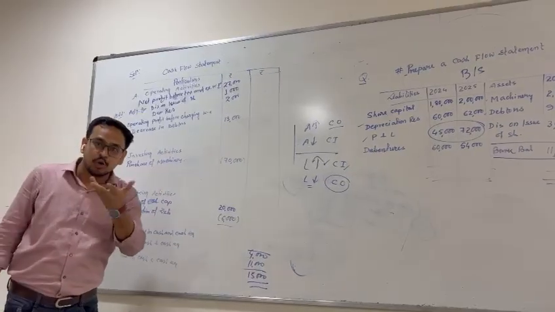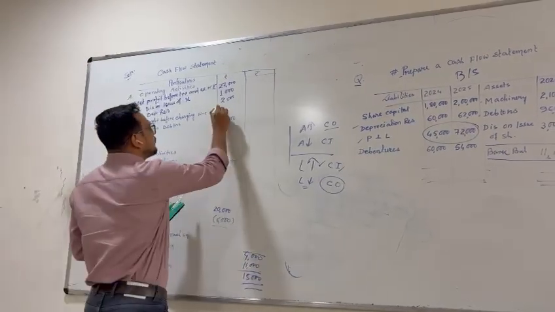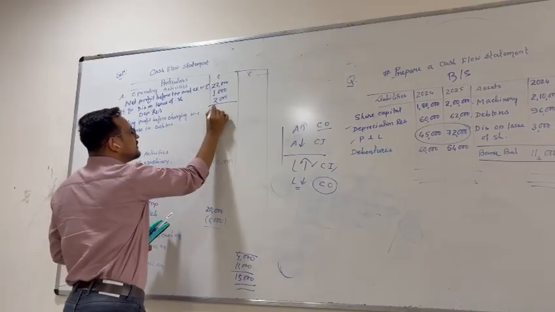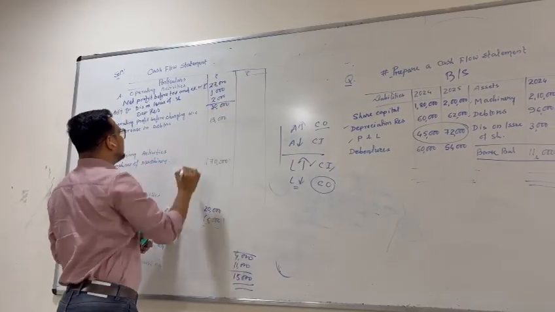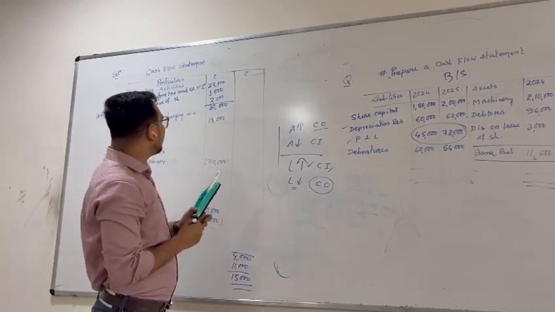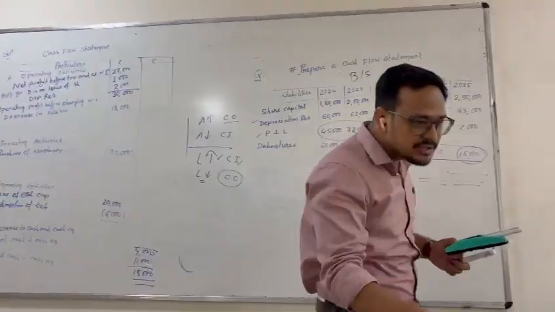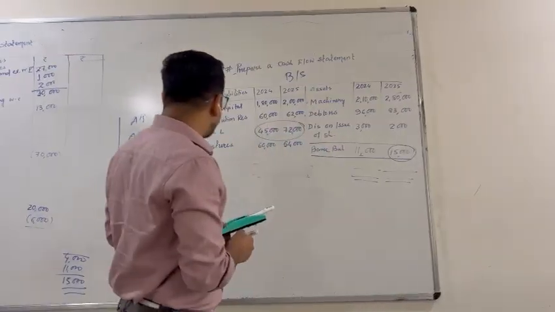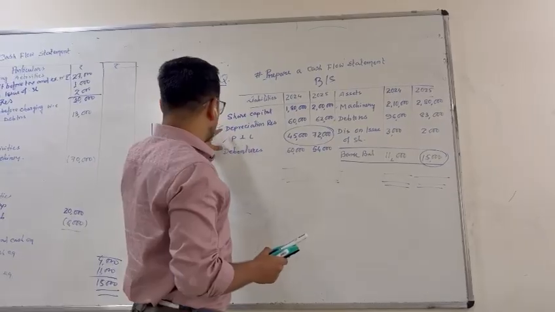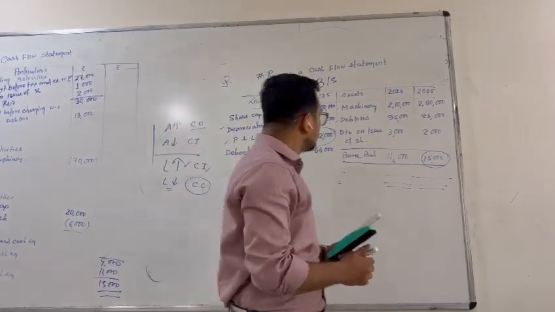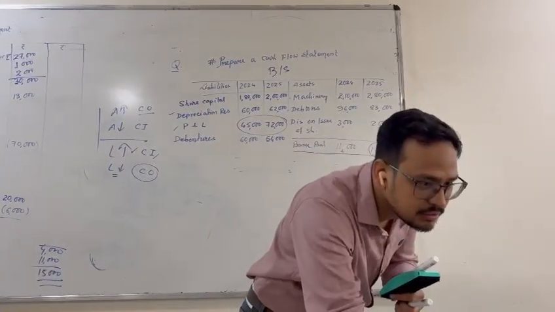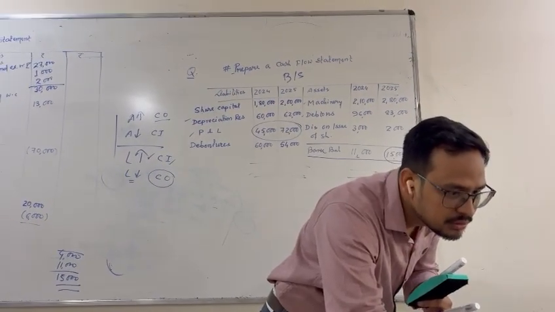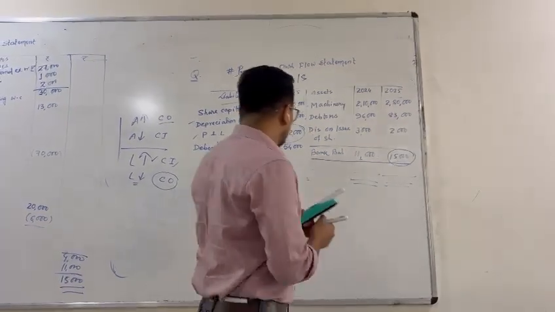Okay, let's see. 4,000 change due to these three activities. Is it true or not? Let's check. So 27 plus 1 plus 2, it means 30,000. Okay, 30,000. Acha, is there anything left? Creditors, anything? Stock in our balance sheets. Stock or creditors? Yes, we mean the stock and creditors side.